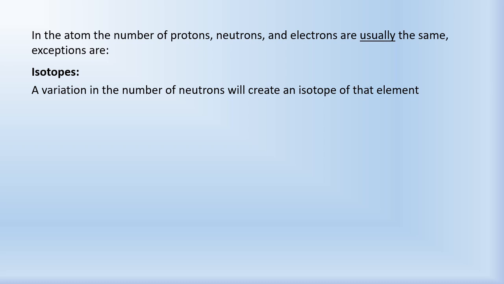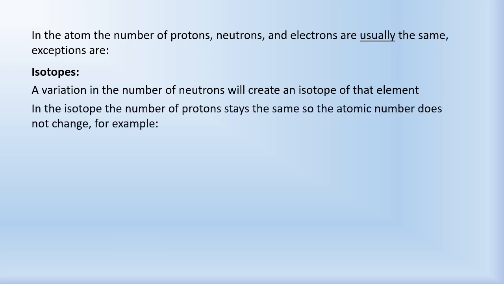In isotopes, there is the same number of protons in the nucleus as the atoms of that element, but they have a different number of neutrons. The electrons stay the same.